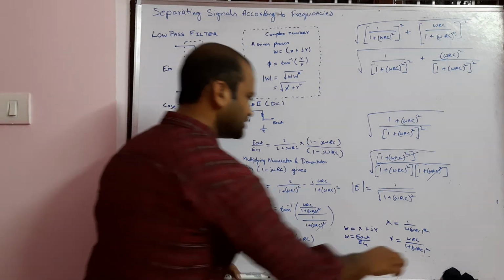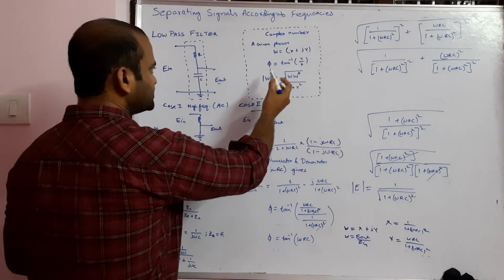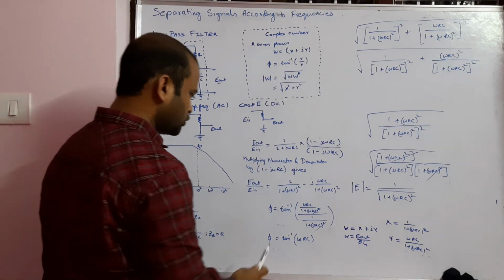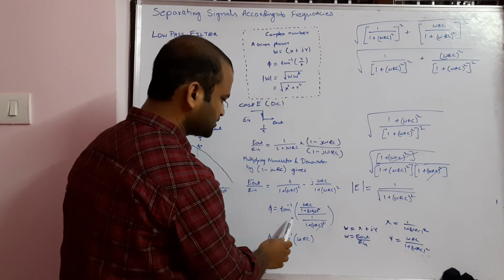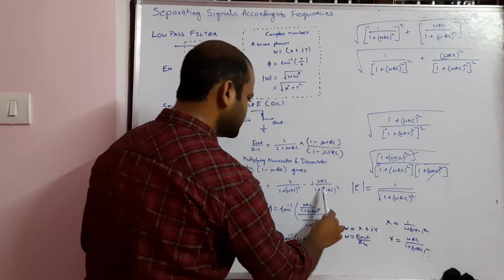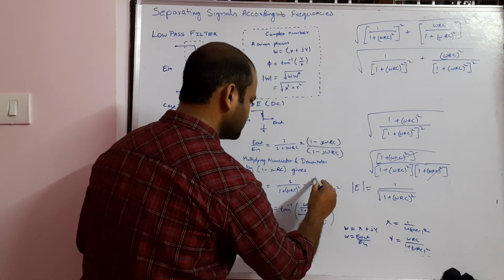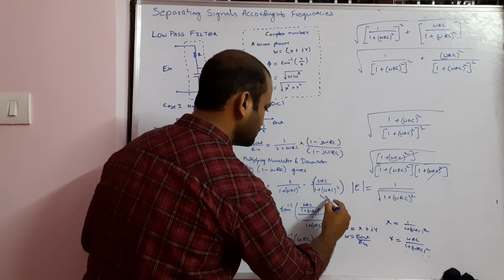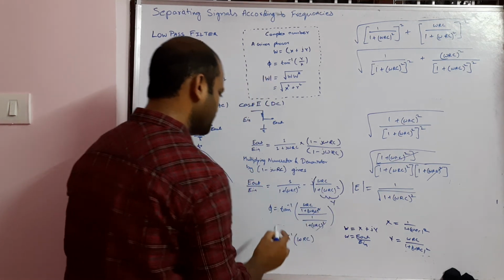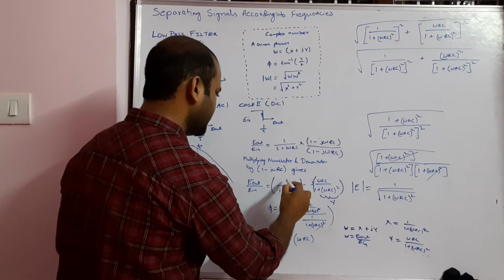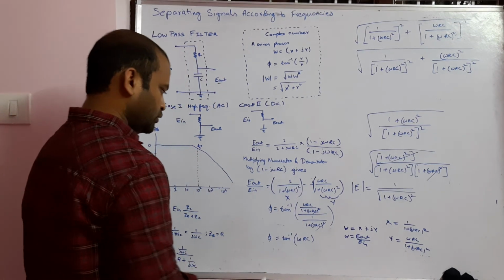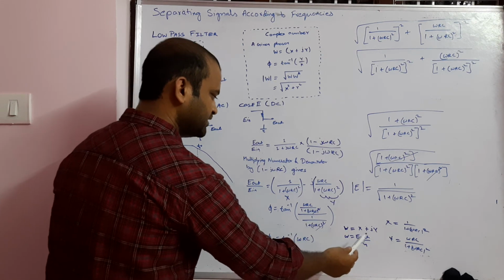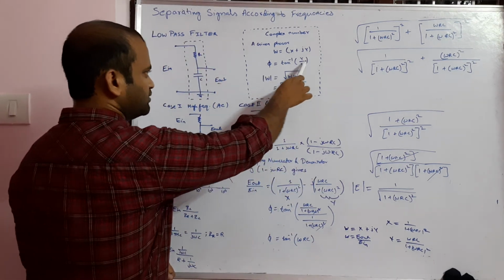Now as we discussed, the phase angle phi is equal to tan inverse of y by x.